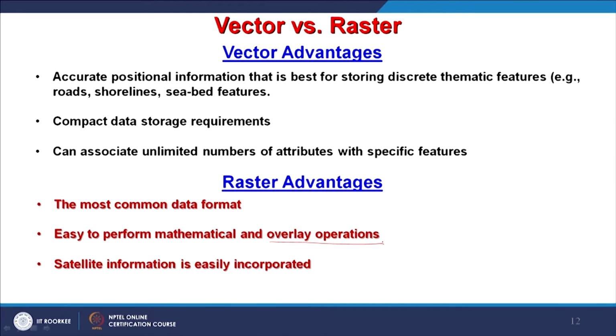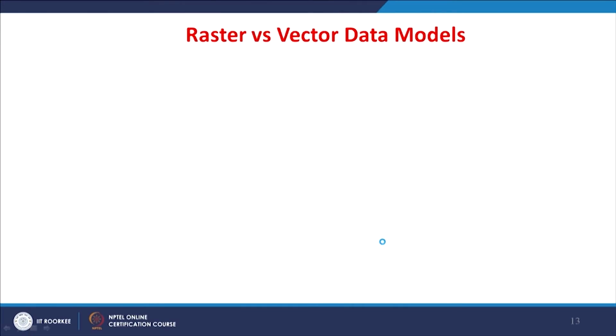And the other is that satellite information is easily incorporated, because if I am using a grid and I also want to use satellite data, both are raster, no issue, full compatibility is there. But if I am using vector data and I want to use satellite images, then I may not have that kind of compatibility. So for any kind of continuous phenomena, one should always resort to raster rather than vector.